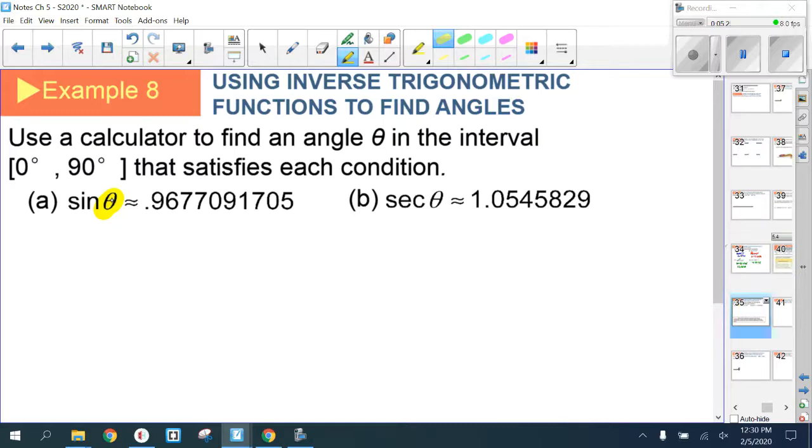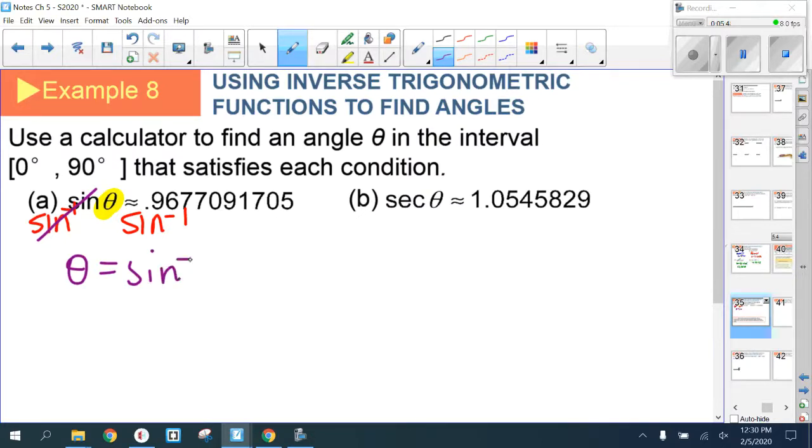You're always just doing an inverse to cancel it out, and so that's what we're going to do here. All we're doing to get rid of a sine is an inverse sine. We are going to take an inverse sine of both sides, and so that's going to knock out and give me my variable by itself, just like I want. Theta will equal, actually it's approximate, but whatever, inverse sine of that big long string of numbers, 0.967.